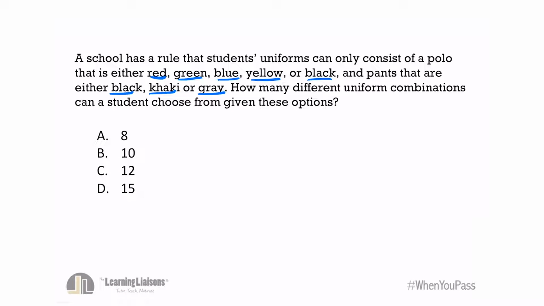Well, the quick and easy way to do this is if I'm trying to find outfit combinations or sandwich combinations or something like that, you just multiply. So I'm going to take 5 shirts times 3 pants, and that gives me 15. But I'm going to show you a visual of why that is.